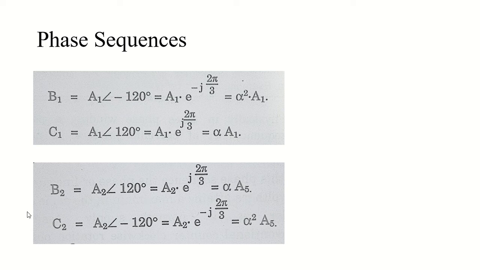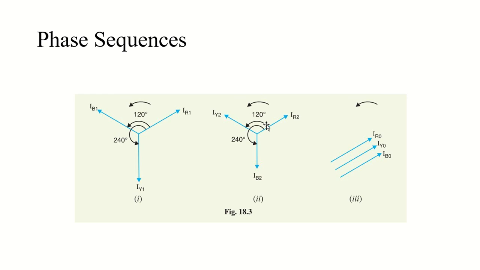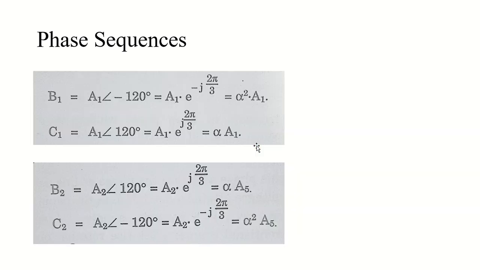Same way you can represent it with the help of c2, and c2 will be equal to a2 angle minus 120 degrees, because it is 240 degrees apart from it, or minus 120 degrees apart from it.